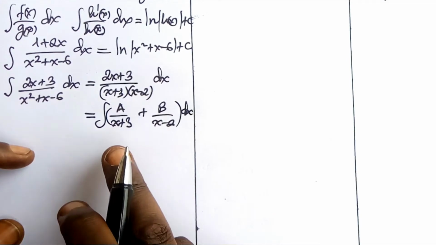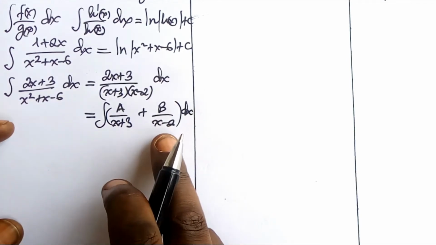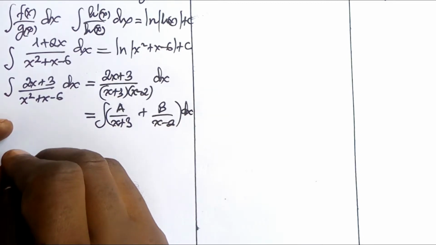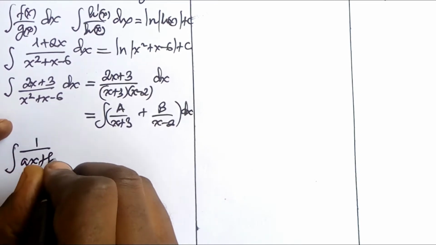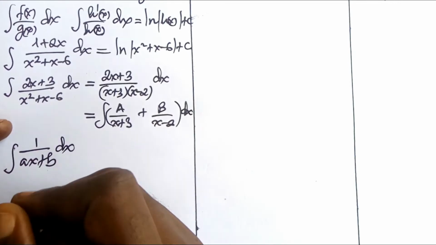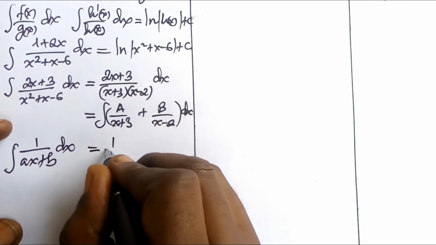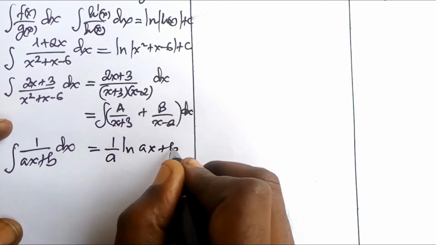In particular, where there are linear factors at the denominator as you do your partial fractions, you would have to use this integral of 1 all over ax plus b, a linear factor at the denominator. This would be 1 over a ln of ax plus b.